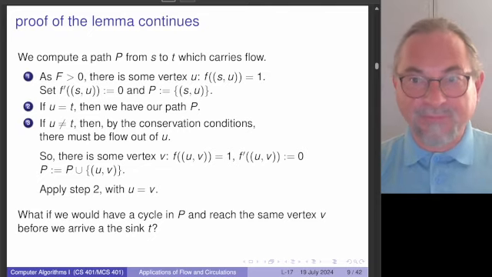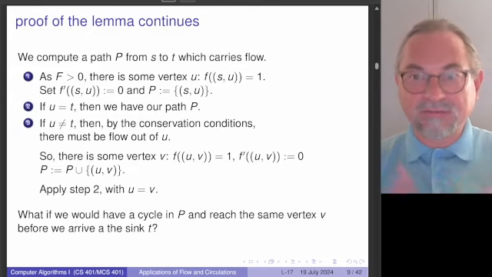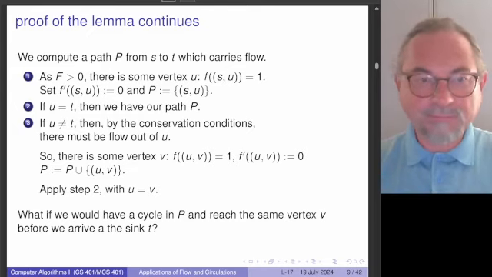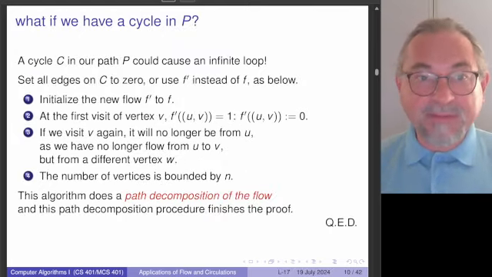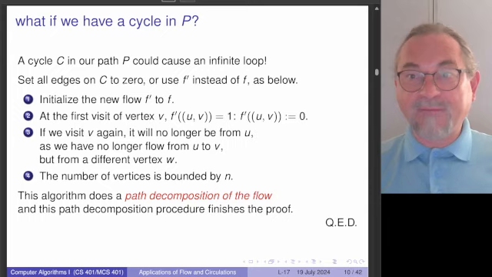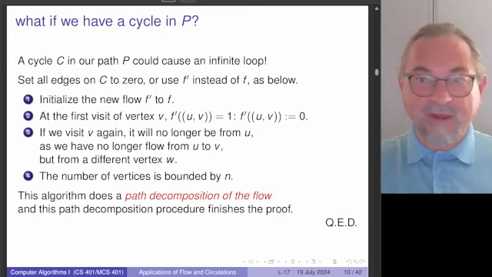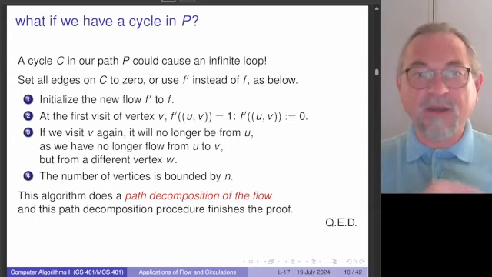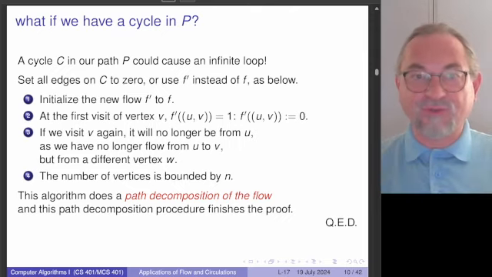So the proof of the lemma stops here if we have a path and it ended at the source. But what if you reach the same vertex? Can that happen? Well, that's definitely problematic because we have an infinite loop. Well, what you can say is, look, if you have a cycle, then all the vertices that you have already traveled on, you go back and you set them all to 0. That's actually the short way.